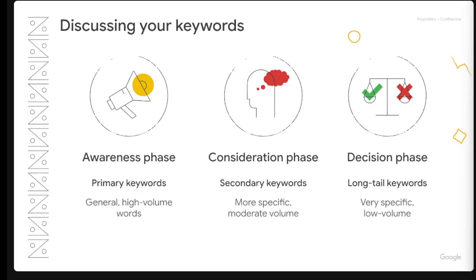And then when we go to the long tail keywords or the decision stage, right? So these are more specific, low volume keywords that people use when they are close to making a decision. And they often include detailed descriptions of what they are looking for. So it's a little bit more detailed.